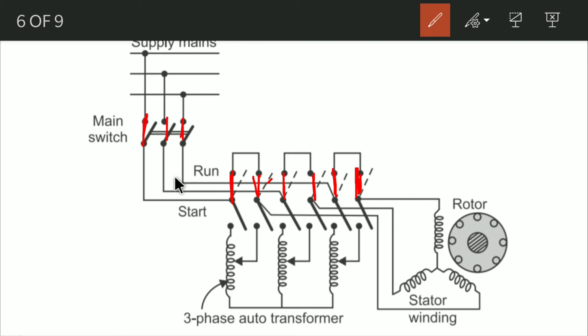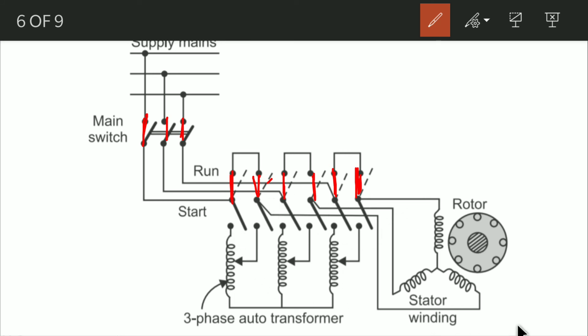What we conclude, at the time of starting, the double throw switch is kept at start position and the motor is connected to the supply through auto transformer, which reduces the starting current to K square times the current drawn from the supply lines if it is connected directly to the supply.